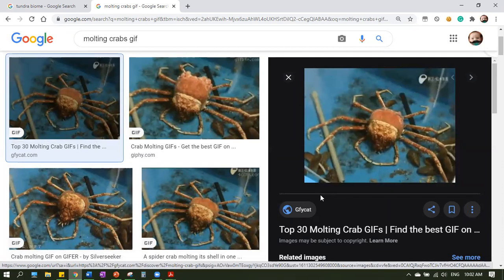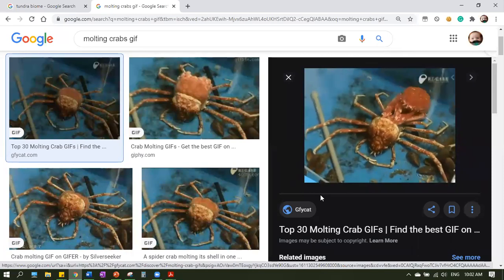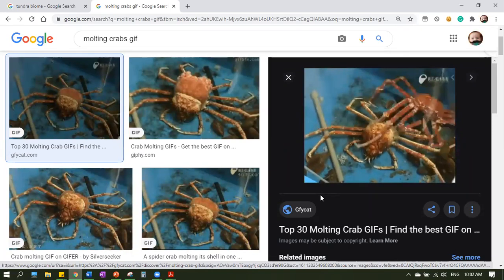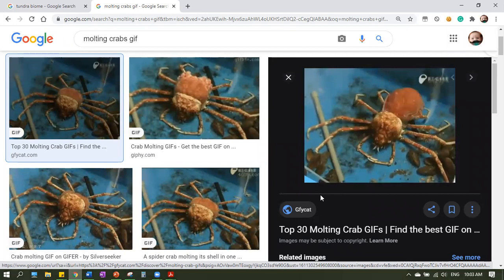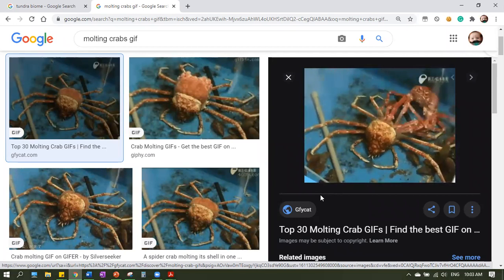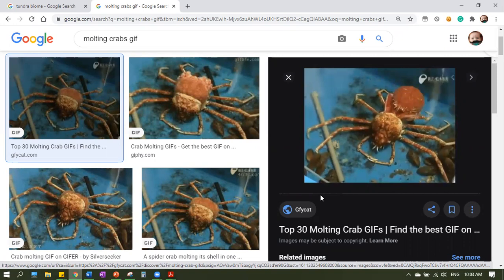Can you see this crab? Yes, it's changing its exoskeleton. If you remember from classification, some organisms are covered with hard skeleton, like those ones. They do not actually grow with them, they overgrow their exoskeleton or outer shell. So they need to change it from time to time, and that's what we call molting.